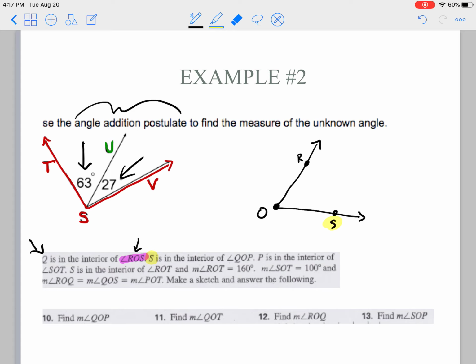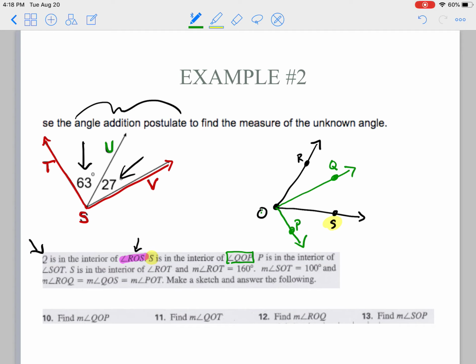So I have to have S on the interior of QOP. So let me draw a different color. So let's call this one Q. And then we go to O. And here's my P. QOP.